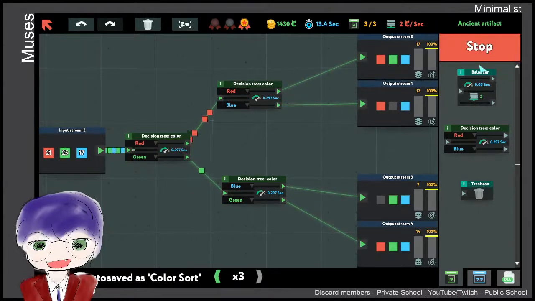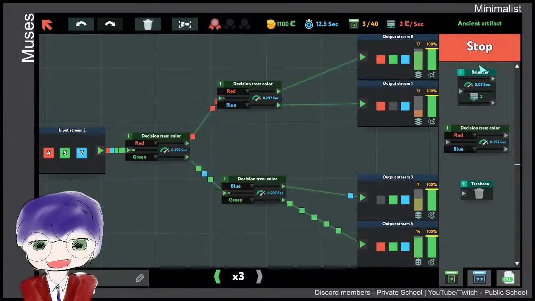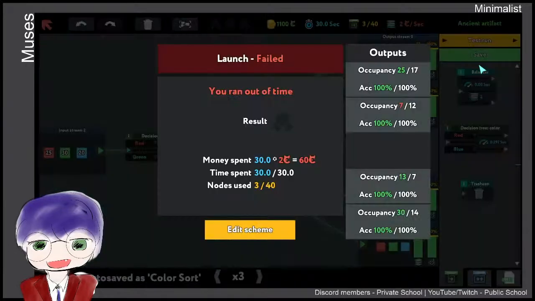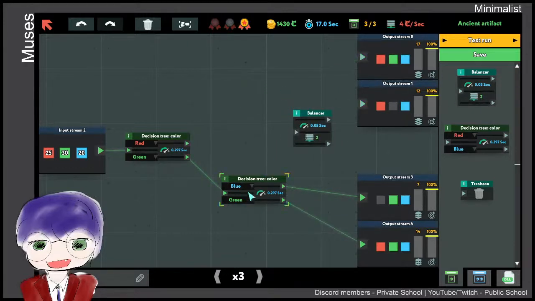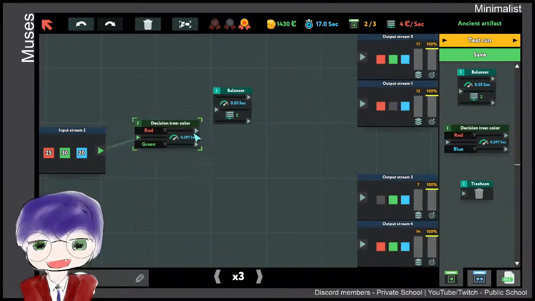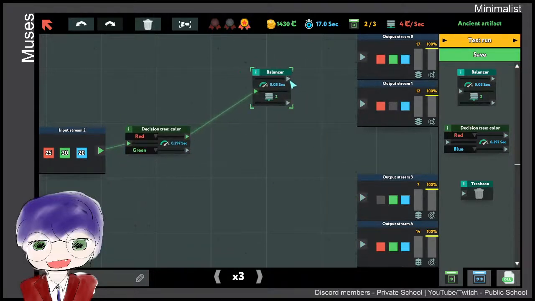So let's try this. That's not fast enough. Can we simply do this then? But that's also not fast enough, right? Actually, it might be.